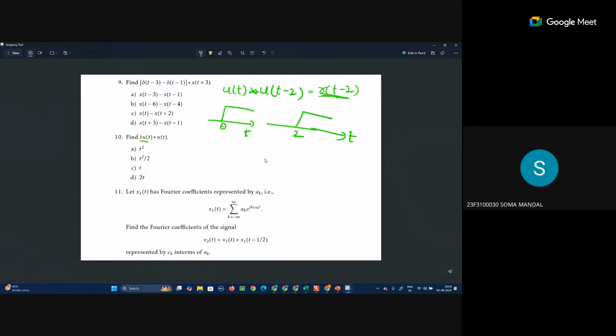First, we have to change the axis to tau in both cases. So we change it to tau, and then we have to do the reversal, since it is the integral of x of tau, h of t minus tau d tau.